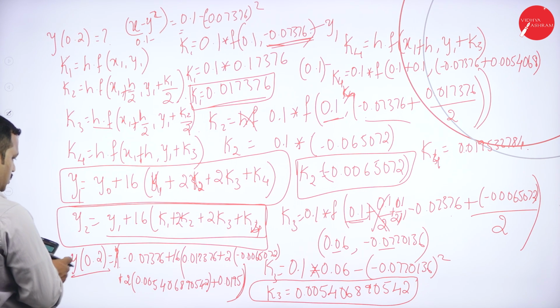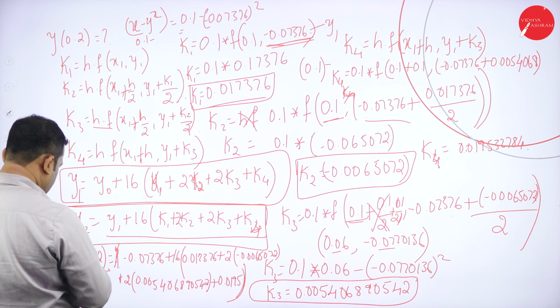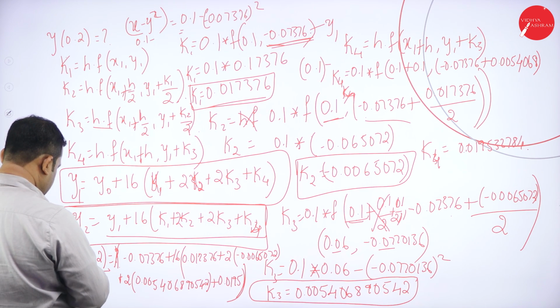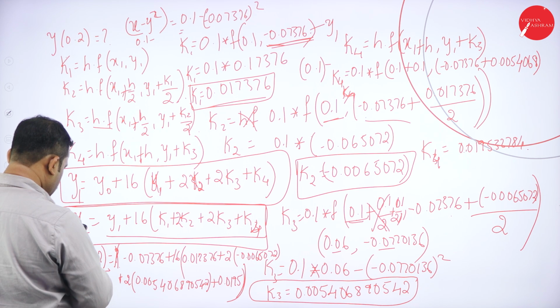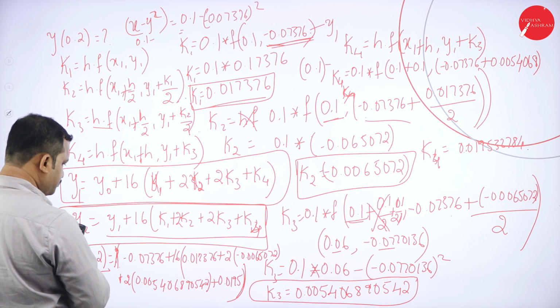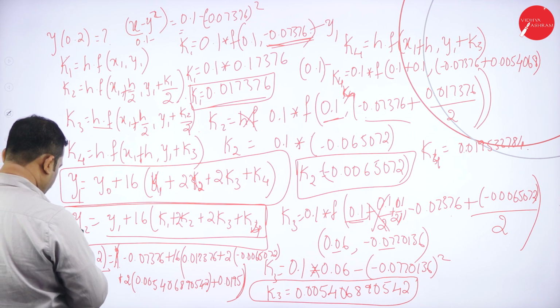If I solve these values, what is the value I'm getting? 0 minus 0.07376 plus 16 times 0.017376 plus 2 times minus 0.0065072 plus 2 times 0.005406890542 plus 0.0195.